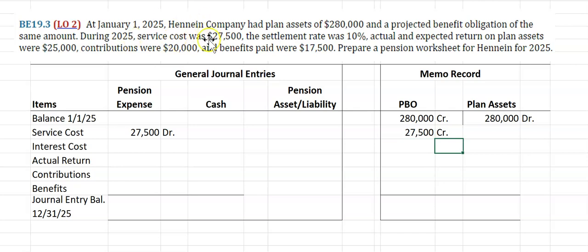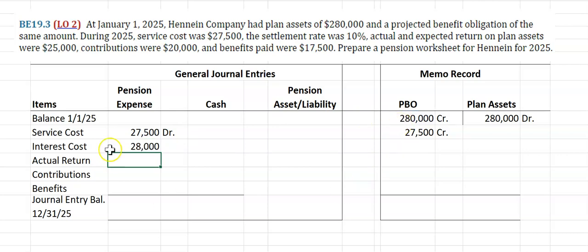Now we will record the settlement rate, which is used to calculate the interest expense on PBO balance. So it's 10%. It's very easy. You don't need a calculator, but if you want, you can still show it. It's based on the PBO beginning balance multiplied by 10%.